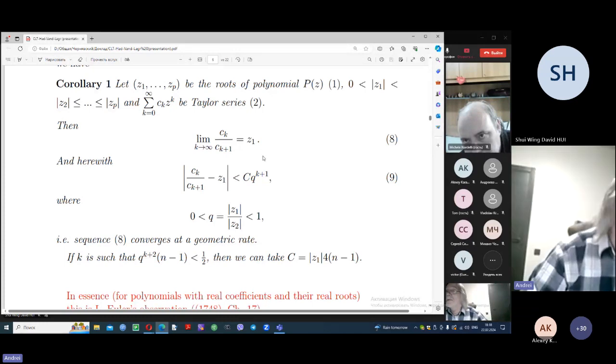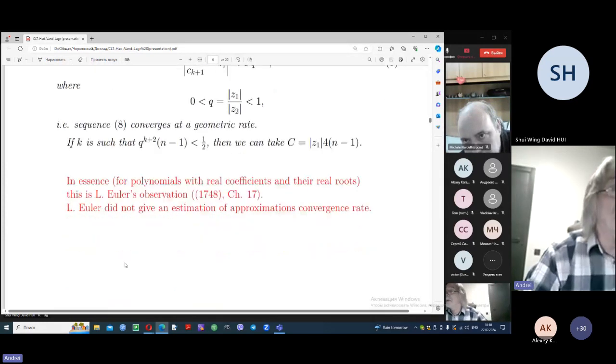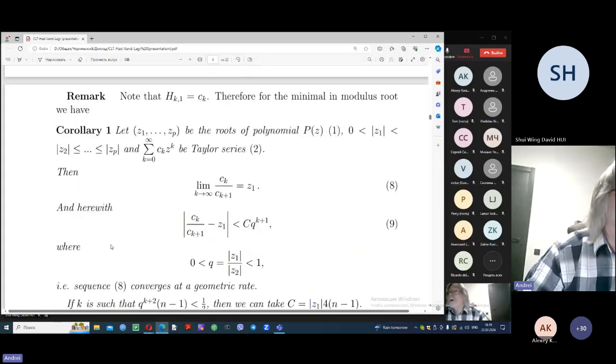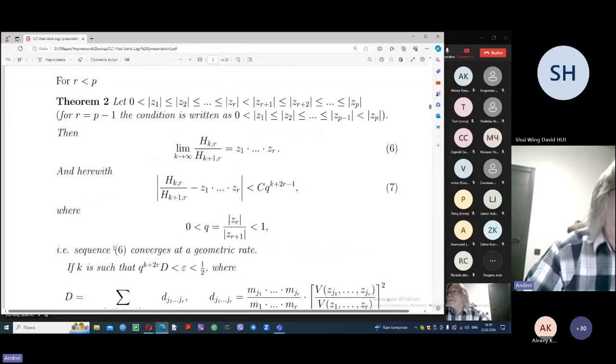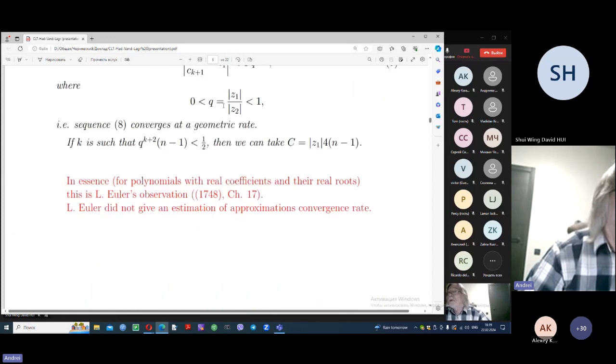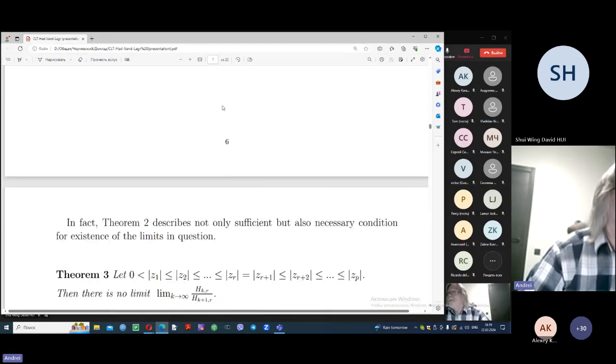So Euler didn't give an estimation of the approximation's convergence rate. What is more important is that in fact this theorem gives not only sufficient conditions for convergence, but they are also necessary. Namely, we have the following result.